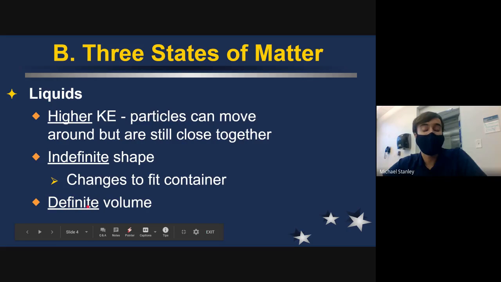So liquids have a definite or a set volume, all right? Their volume doesn't get bigger or smaller all on its own, right? You have to add extra liquid in order to get it there.